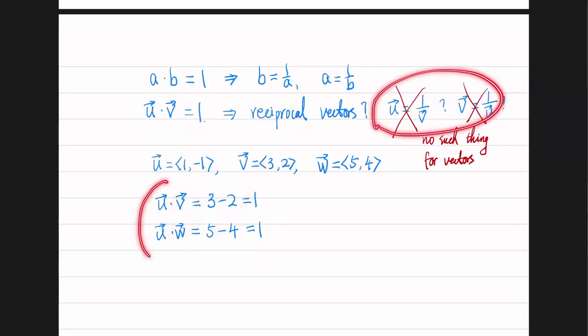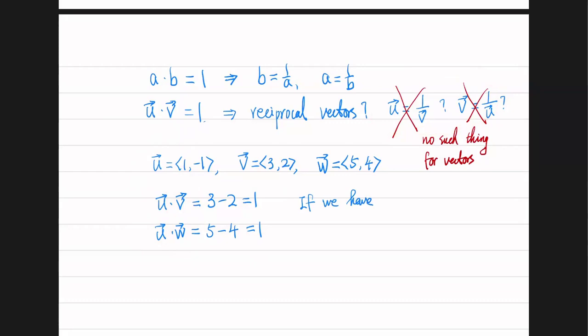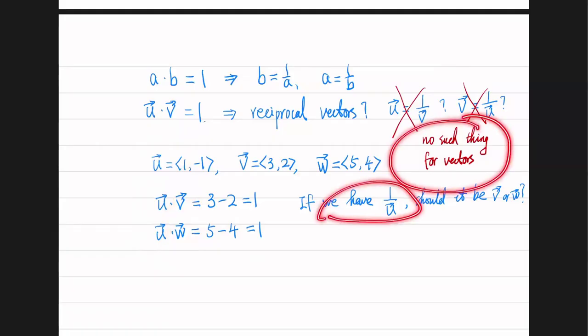We cannot tell. So this is another reason there's no reciprocal of vectors.